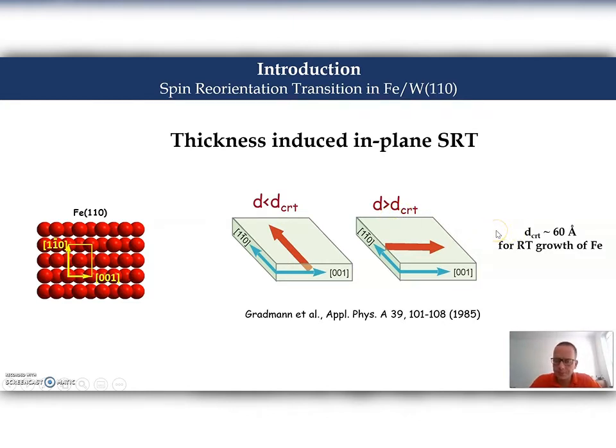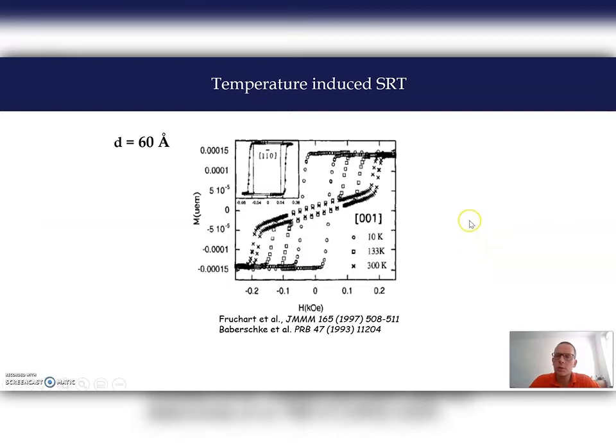A similar transition can also be induced in a uniform thickness system, for example, by changing the temperature.